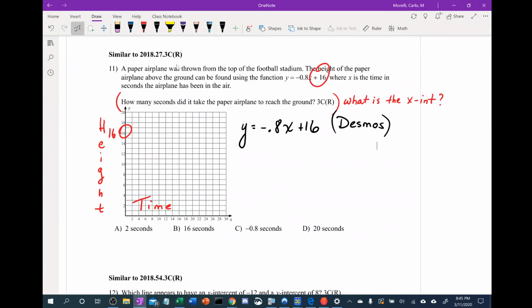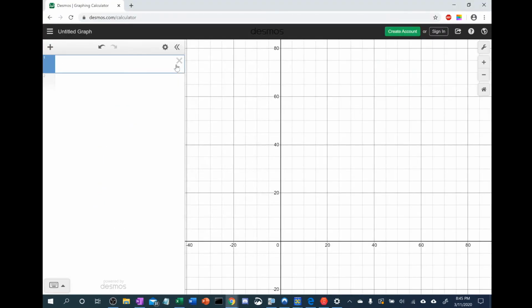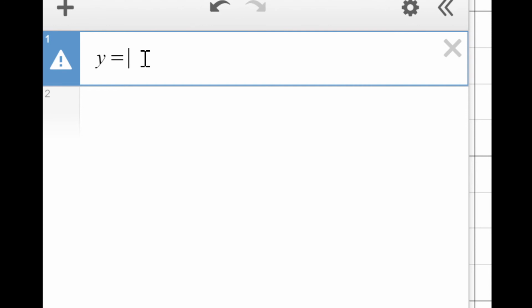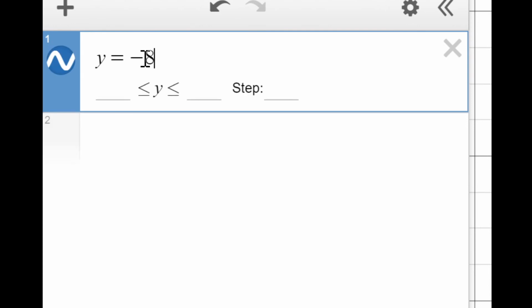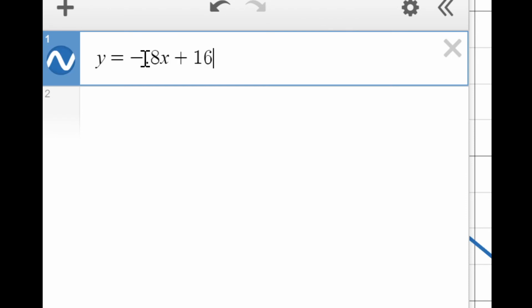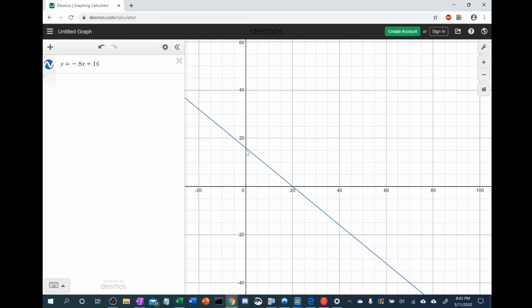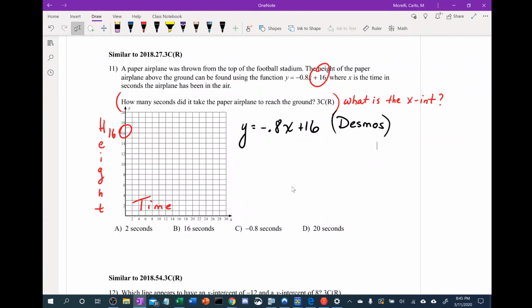And the equation is y equals negative 0.8x plus 16. All right, here we go. And so there we see that it starts at 16, and after 20 seconds, it hits the ground. And that's really easy. I like that a lot better. I know that it's 20 seconds.